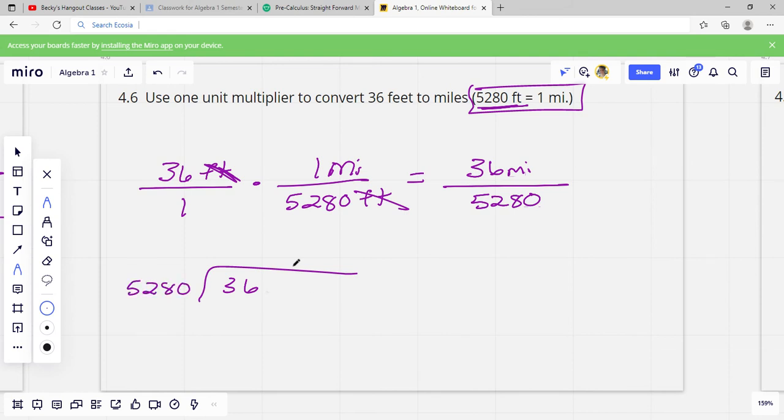I don't mind if you use a calculator for this. Let's see, it goes 6 times 0 is 0, 6 times 8 is 48, 6 times 2 is 12, 13, 14, 15, 16, 6 times 5 is 30, 31, oh, I didn't add enough zeros.